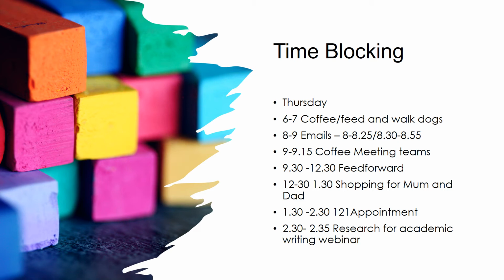So as you can see on this, I obviously break my day down in this way. And you'll see here, I put 8 to 9 emails, and then I've broken down that further, 8 to 8:25, 8:30, 8:55. This ties with another aspect or strategy we're going to look at in detail in a little while.